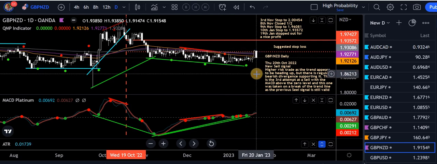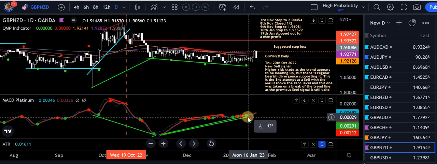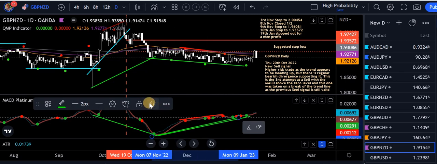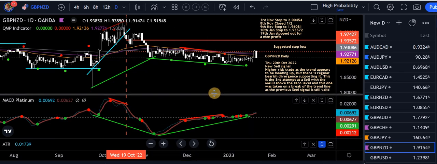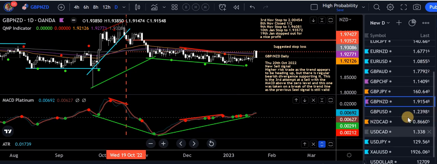Then Friday it went straight back down again. So it just looked like a stop taken out by a few pips, but that's the way it is. It's a profitable trade all the same, so we had a bit of a win there. It's all good. So that's stopped out for an overall profit, the pound New Zealand. I'll tidy that up after I finish the video.